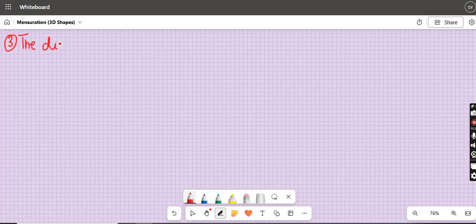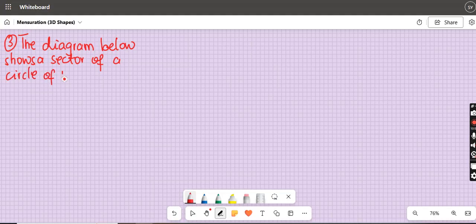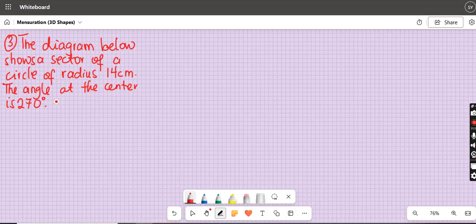The diagram below shows a sector of a circle of radius 14 centimeters. The angle at the center is 270 degrees.